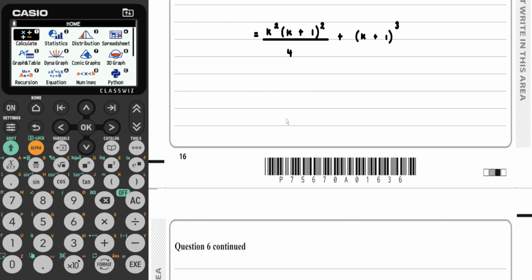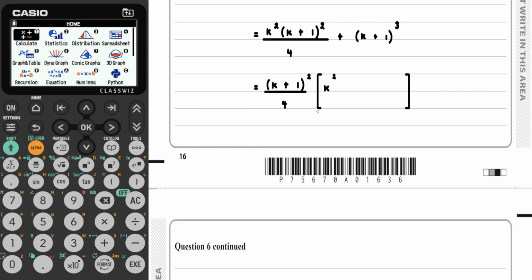What we will do is factorize out the common terms, which is k plus 1 squared over 4. Now you might be thinking this term here doesn't have a quarter, but you will see how factorizing out a quarter can help us show the final result. So I've got k plus 1 squared over 4, and what I need to multiply this by to get this term is k squared.